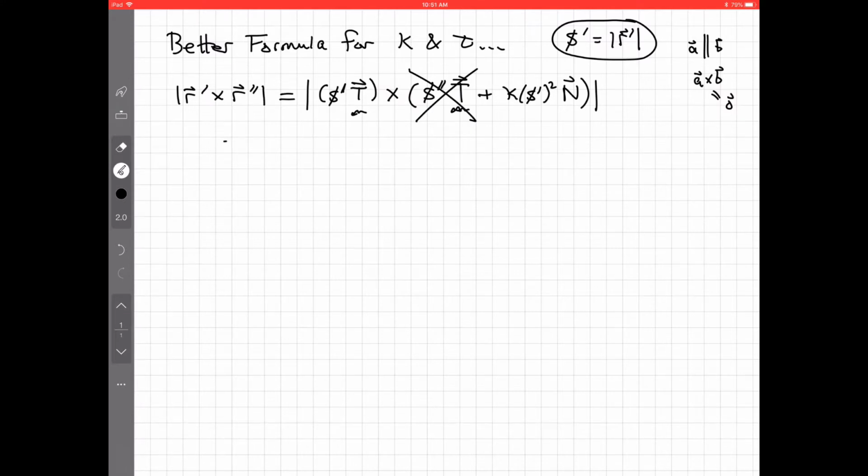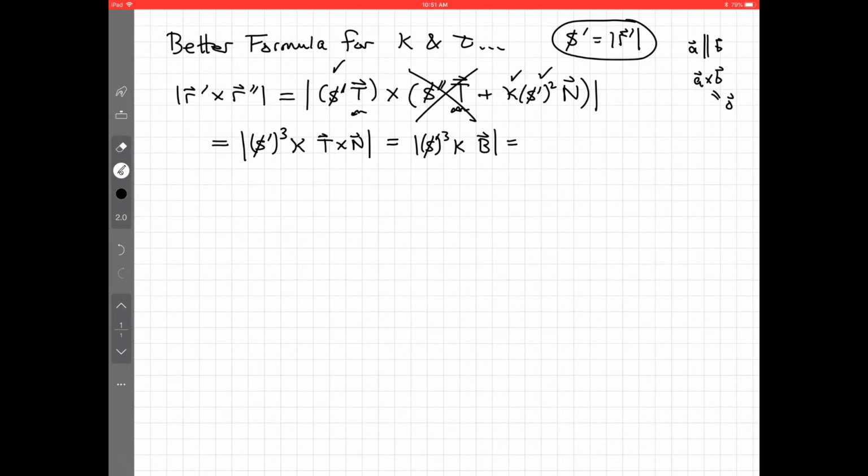Next, what we have is the length of, and let's pull out common factors. We have a s prime and an s prime squared, so that's an s prime cubed. We have a kappa, there's another scalar valued function, and what we're left with is t cross n. Oh, but wait, we know what t cross n is. That t cross n is just b.